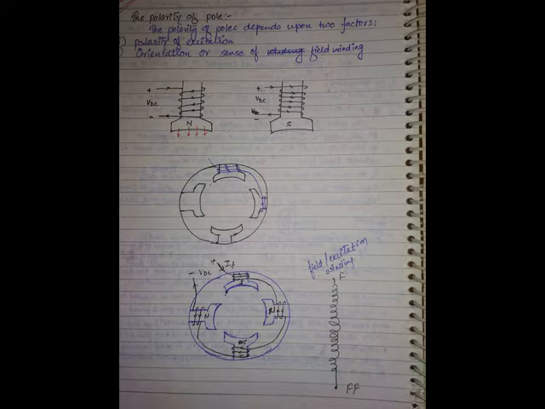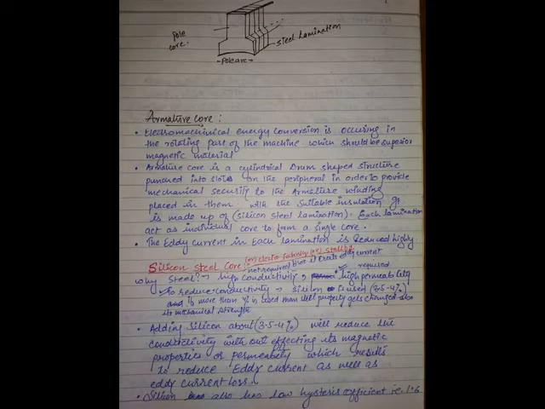Armature core. Next point. Armature core is made up of thin sheets of silicon steel, 0.4 to 1 mm thickness, with a layer of insulation on either side.